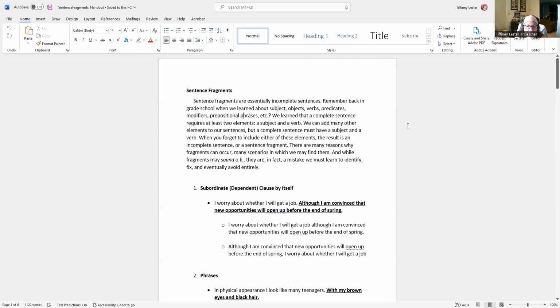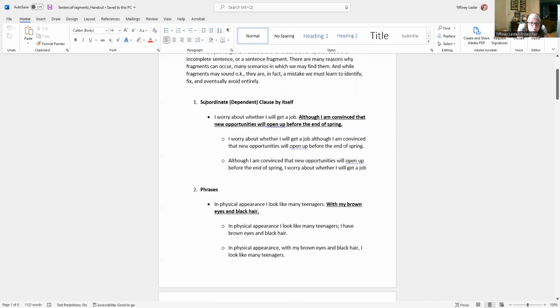And you have to understand that just because a sentence sounds right, or just because a sentence makes sense to you, that doesn't mean that it's correct. You really want to pay attention to what a sentence fragment is so that you can identify them and fix them.